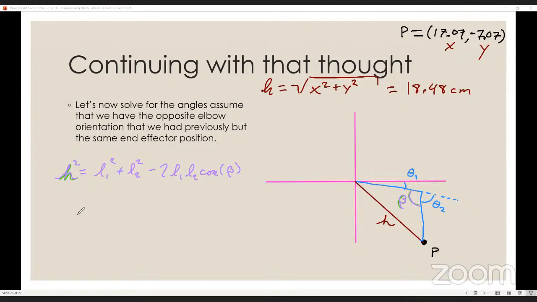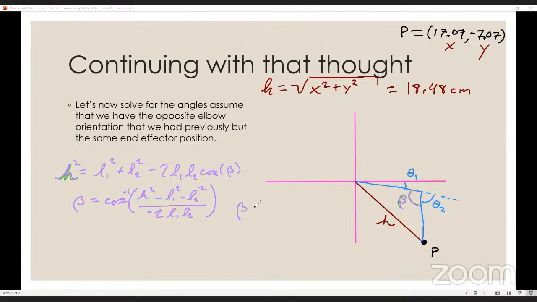So rearranging this, beta equals cosine inverse of H squared minus L1 squared minus L2 squared divided by negative 2 times L1 L2. This is negative, right? And there we are.